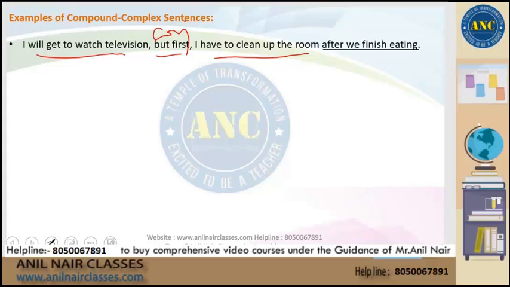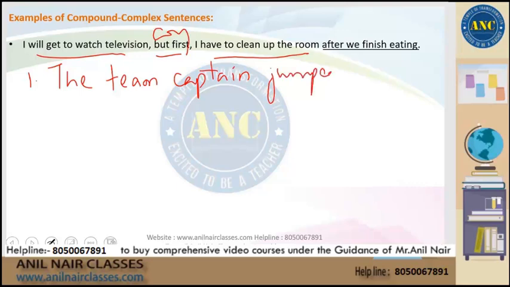Let's try and construct a compound complex sentence. So a compound complex sentence should have two independent clauses. My first independent clause would be, the team captain jumped with joy.